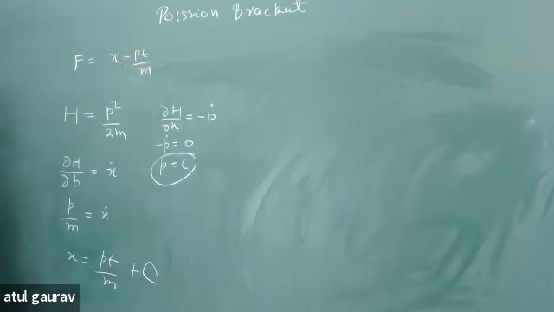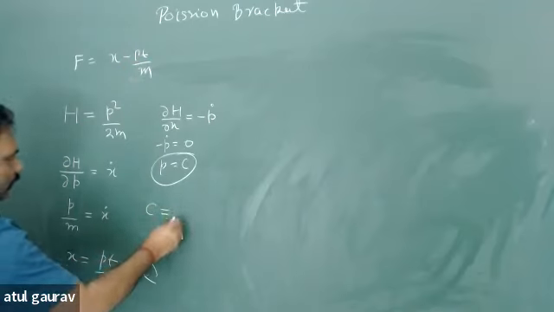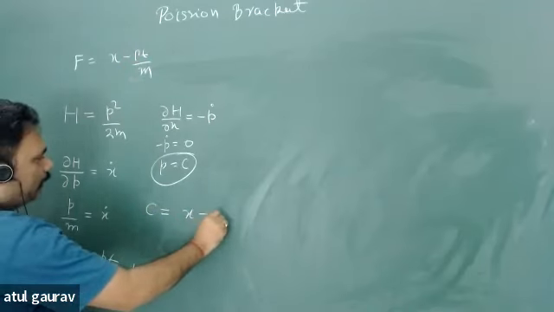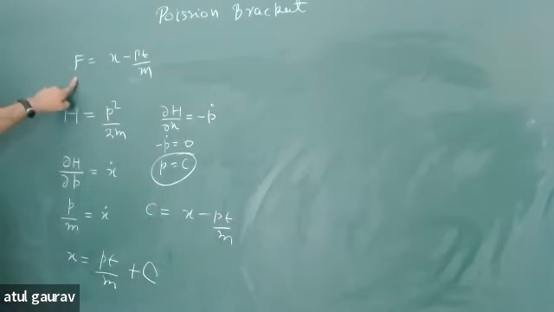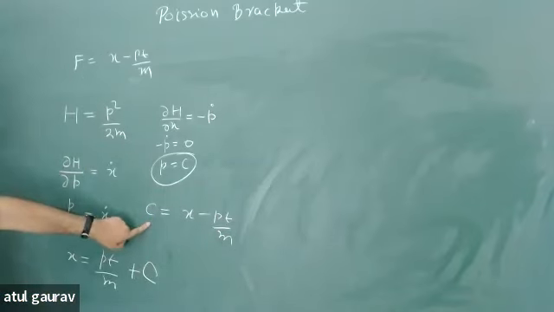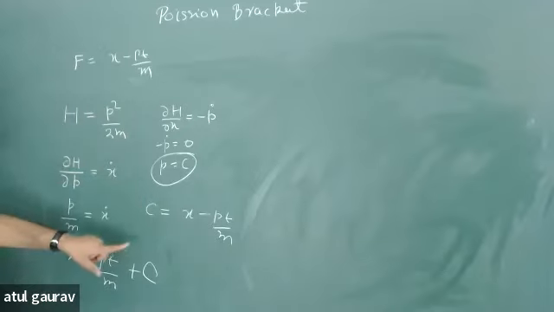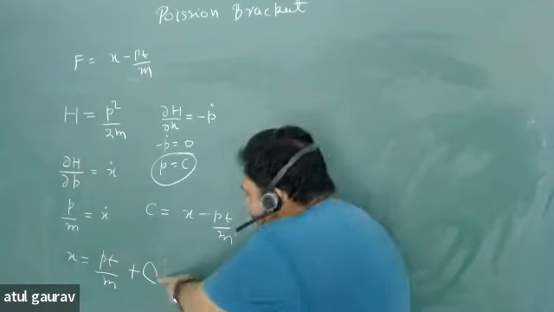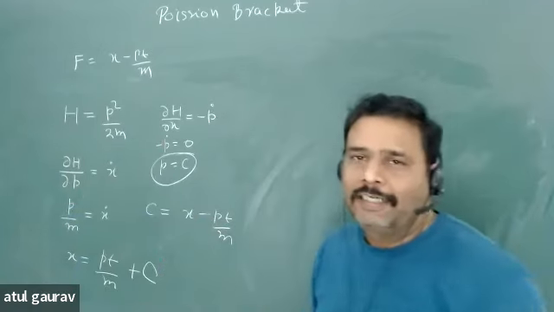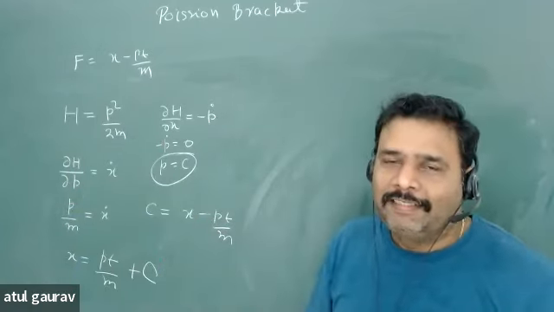And here this c is nothing but x minus pt/m. And you can see this f and this c are the same thing. So what we have done, we have proved that this integration constant is actually constant, isn't it?